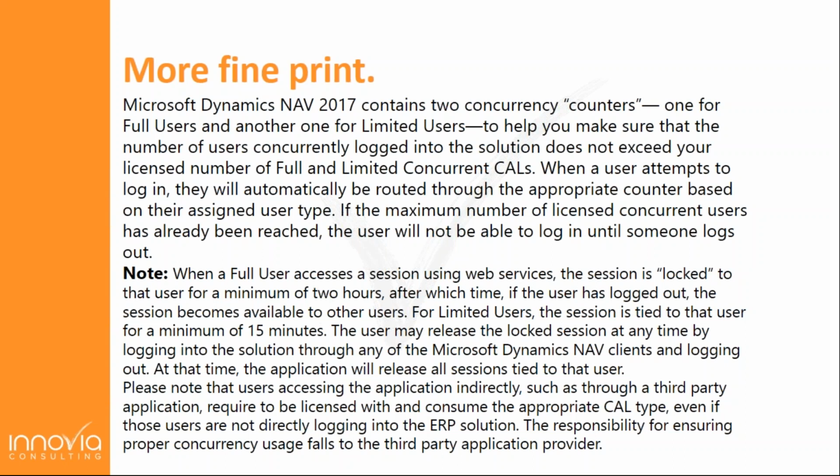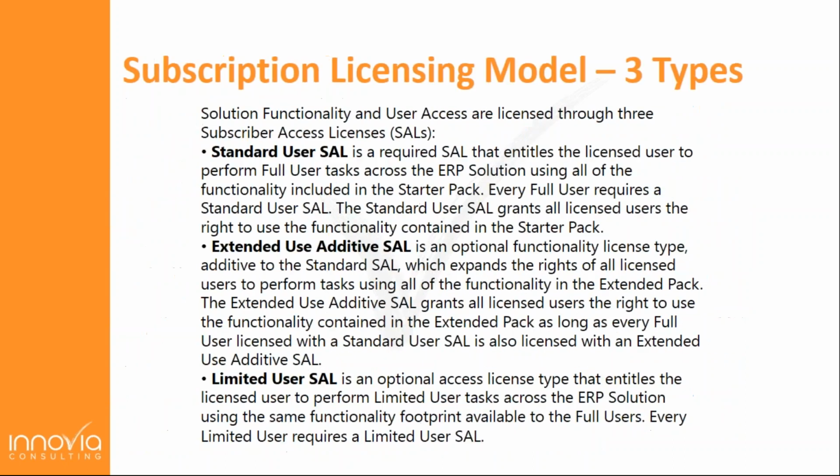So that's important. As it relates to the types in the subscription licensing model, there's a standard user, extended use additive, and then a limited user. So you can still get a limited user in the subscription licensing model.